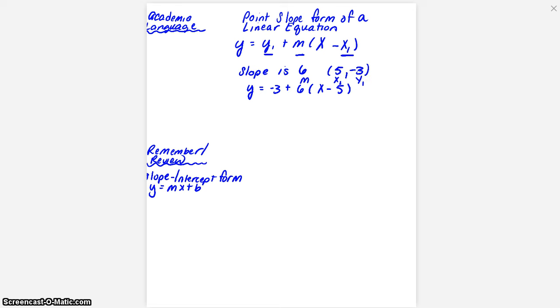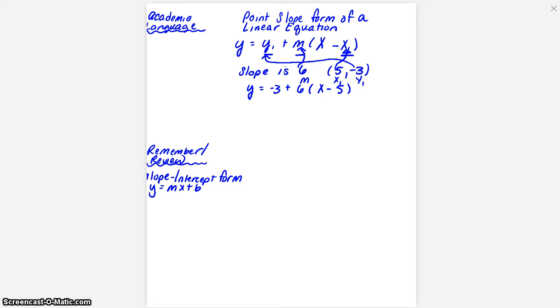Okay, so all of those things have a place. The -3 went here, the slope went where slope goes, and the 5 went here. Pretty easy.